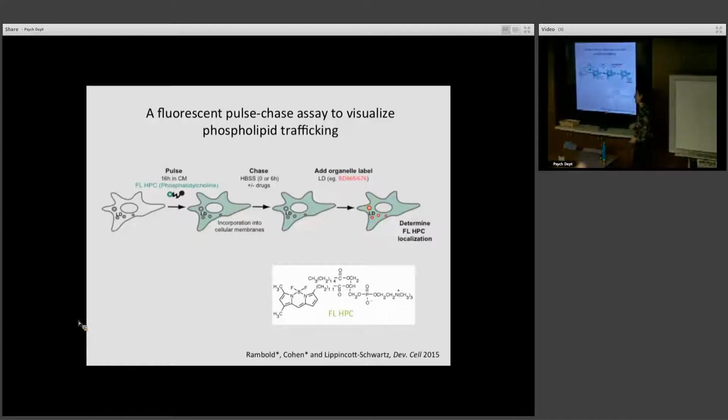To test this, we used another variation of a pulse chase assay, this time using a fluorescent phospholipid. This phospholipid has a fluorophore on one of its fatty acids. So what we're following is this fatty acid within the phospholipid, in this case, phosphatidylcholine.